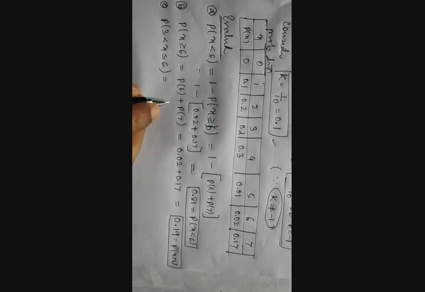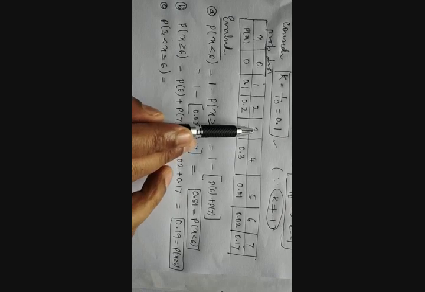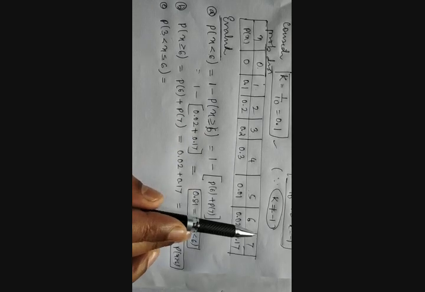Next, the third one: probability of 3 less than x less than or equal to 6. That is, see here, x lies between 3 and 6, where 6 is included and 3 is excluded.